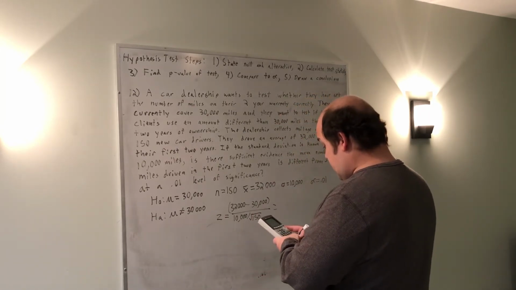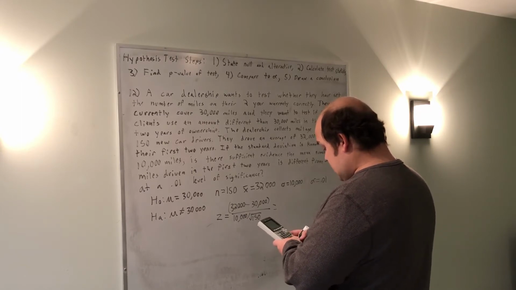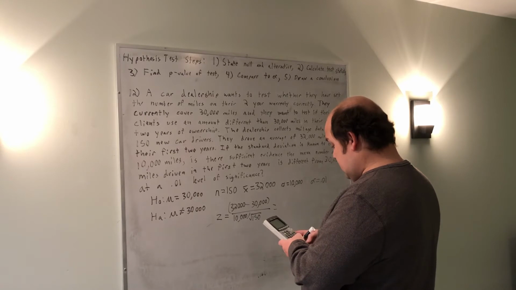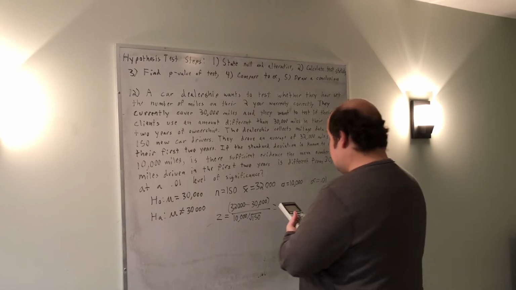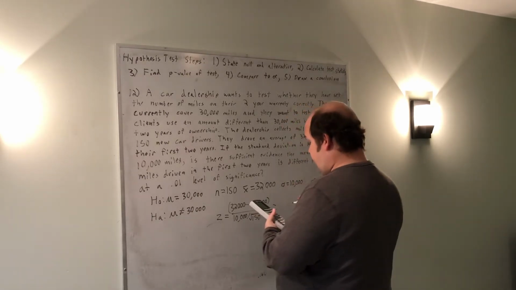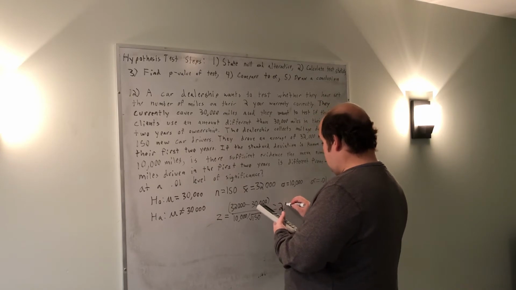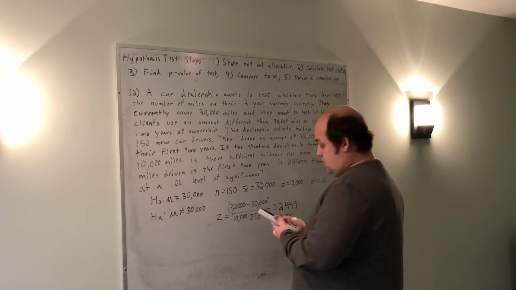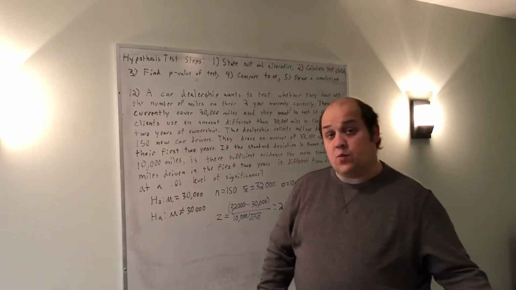Parentheses 32,000 minus 30,000, close parentheses, divided by parentheses 10,000 divided by the root of 150, close parentheses. I get this z-score to be 2.449, which then becomes 2.45.